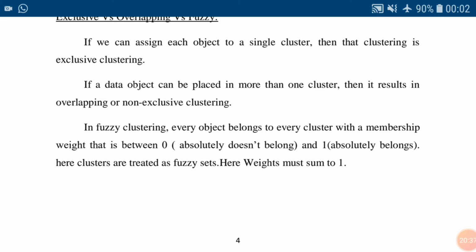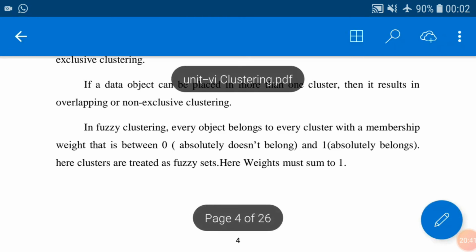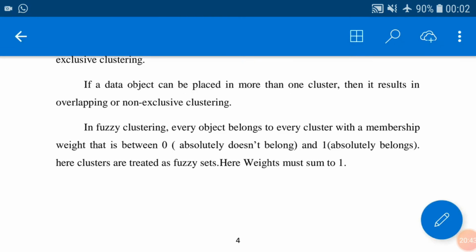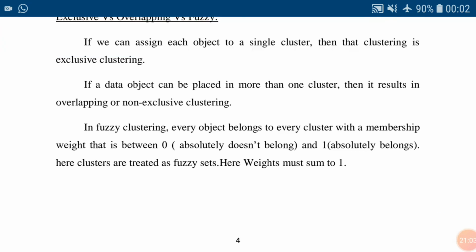Those two data items are related to cluster 1 and cluster 2 also. So entirely we have 18 data items, and 8 items belong exclusively to cluster 1.